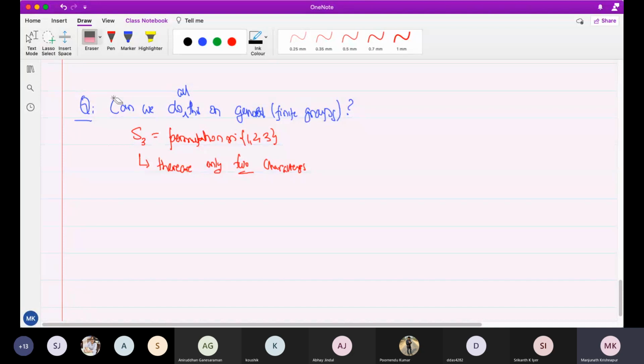Then I said the question is whether we can go more general and ask for other groups. If I take some general finite group and look at the characters, will I get an orthonormal basis? So let's first address that question.